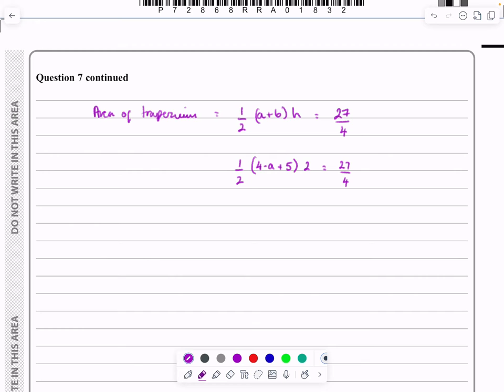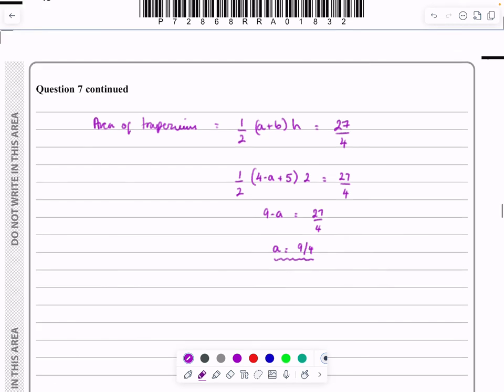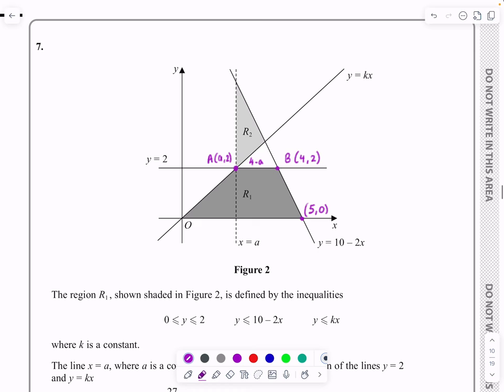So inside the bracket, I've got 9 minus a, the 2s cancel out, equal to 27 over 4. If you rearrange that, a just works out to be equal to 9 over 4. Okay, so we've worked out that a, that point there, is 9 over 4.